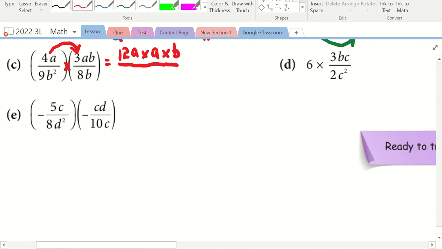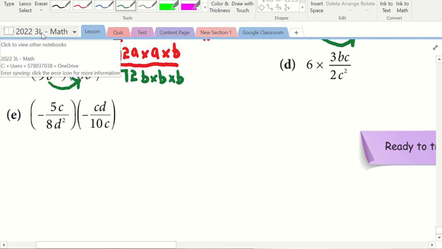Next, denominator. Number times number, letter times letter. What is 9 times 8? 72. Then I continue to write, but you know, what's the meaning of b squared? B times b. That's the first one. There's a third one. So I multiply. Okay, then I check. Any common ones?